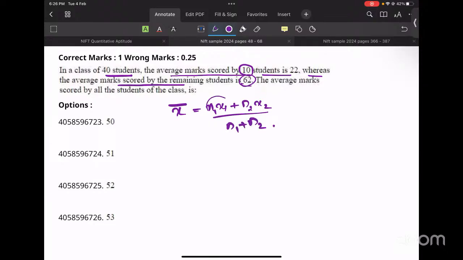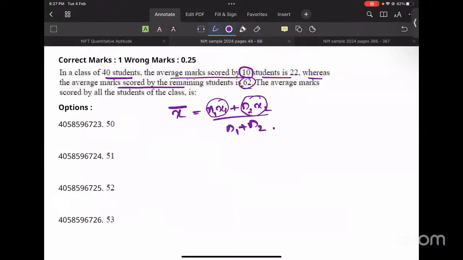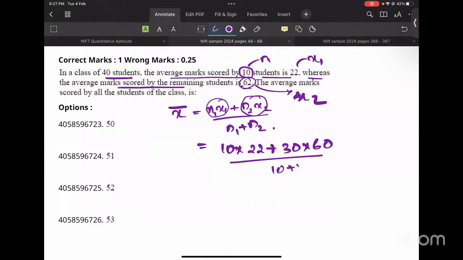So sum of first group plus sum of second group. When you add this, you will get the total sum. Total sum by total number is the average of the total people. So N1, x1, and the remaining that is 30, that is the N2. This is the x2. So 10 into 22 plus 30 into 62 divided by 10 plus 30, that is 40.